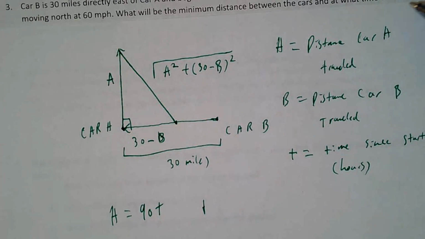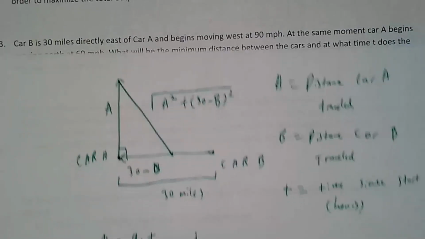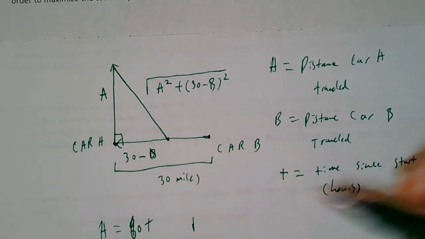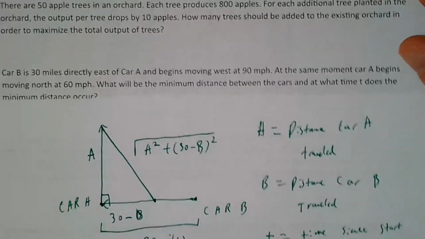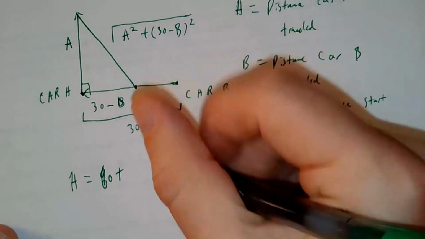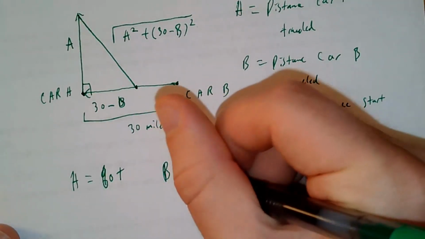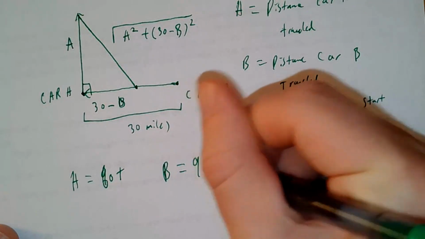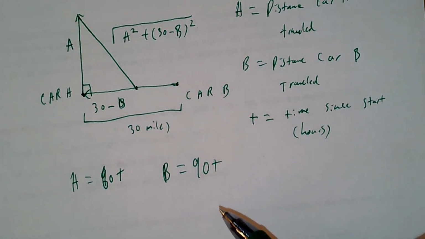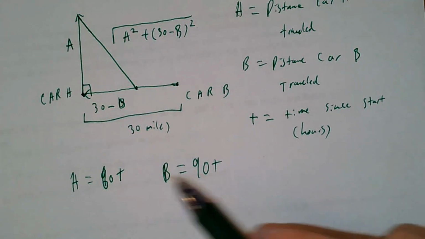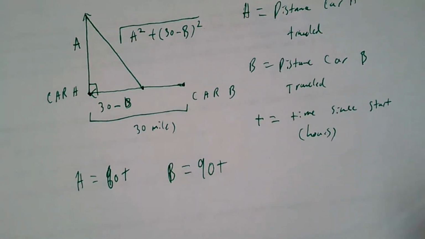Oh, sorry, A is going north at 60. So, sorry, A is 60. That's my mistake. It says here, moving north at 60 miles per hour. It's B that's going at 90 miles an hour. B is 90t, 90 miles per hour times however many hours we've gone. So we're just going to substitute these values into our equation.